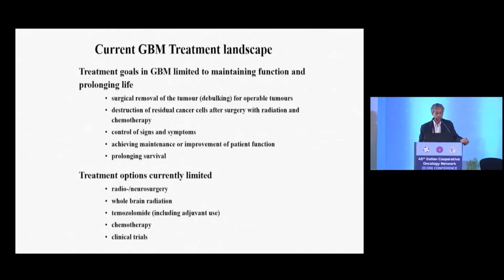Control of signs and symptoms, very, very important. Achieving maintenance or improvement of patient's function and prolonging life. Treatment options currently are limited, as we've already discussed, to radiosurgery, whole brain radiation, temozolomide, chemotherapy, and clinical trials.